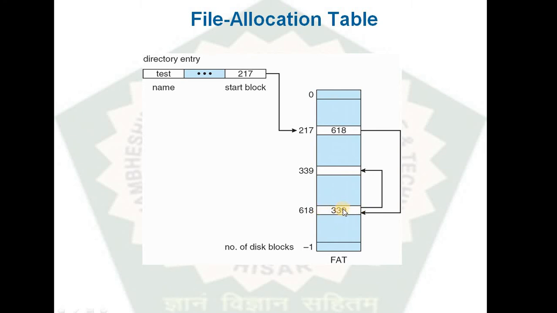When it is accessed, all the information is here, and the further instruction or data is stored in the next block, that is 339. This block of information is stored at the location 339. This is accessed. These are all the entries for this particular file name test.